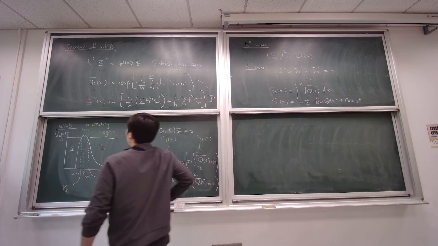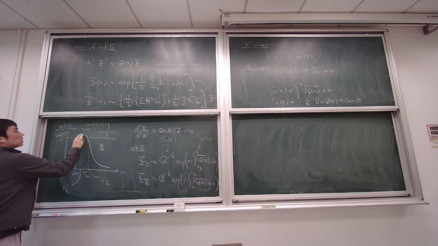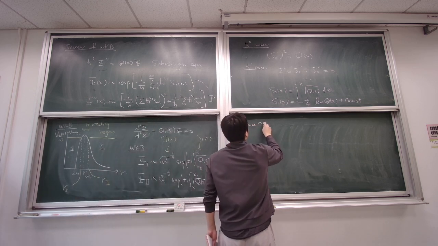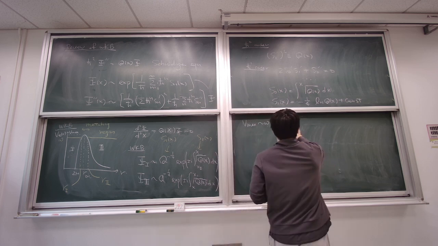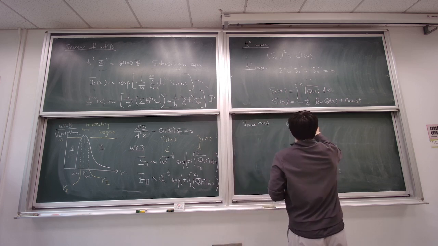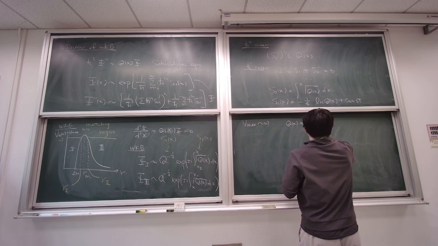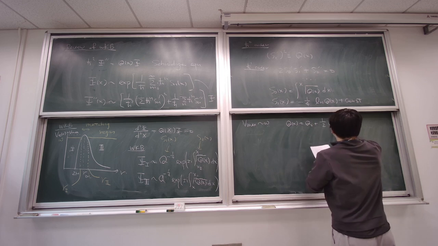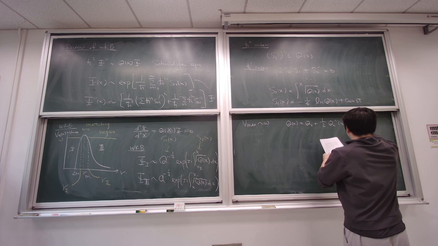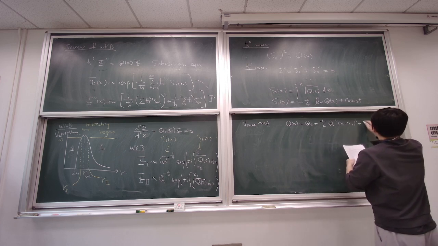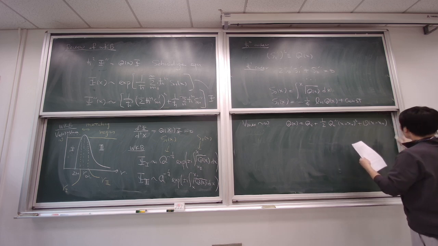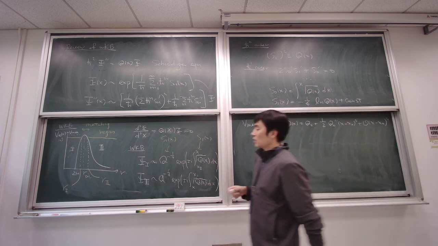We assume that b max is very close to omega, so that Q of x can be written this way: Q0 plus 1/2 Q0 double prime (x minus x0) squared, plus order (x minus x0) cubed.